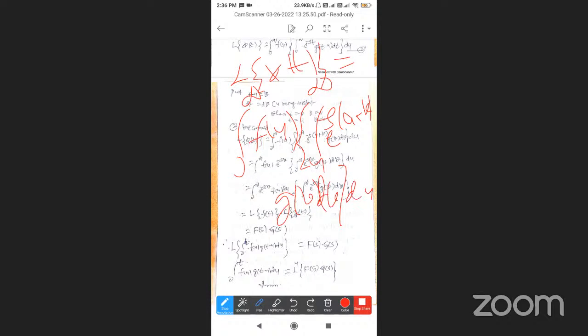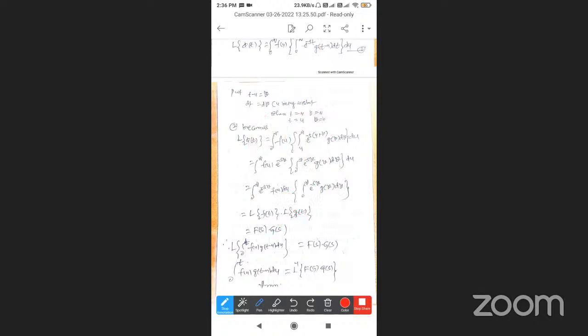We have to separate them. e power of minus s(u plus nu) becomes e power of minus su into e power of minus s nu. The bases are equal, so the powers are added.